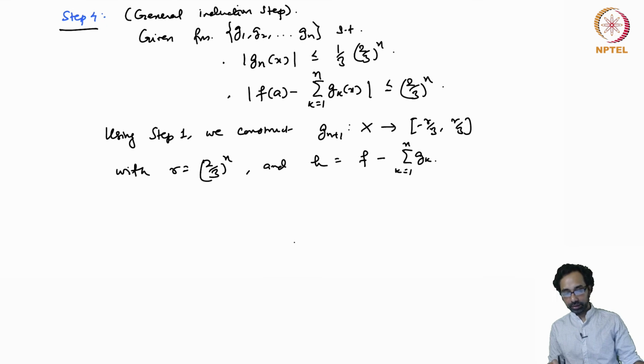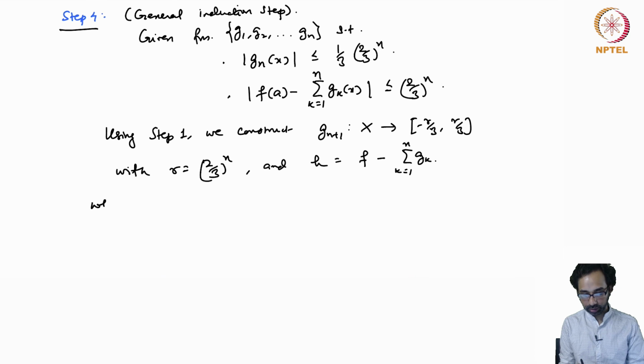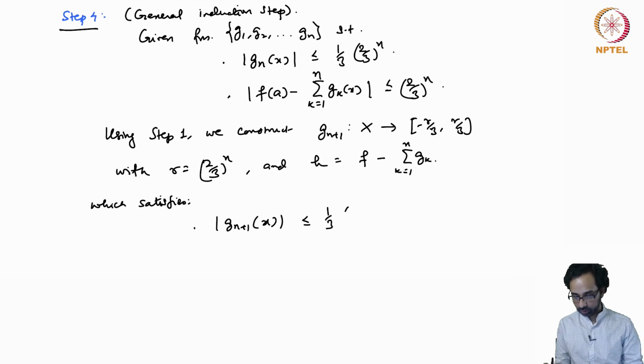So using step 1, we construct this function g n plus 1, and it satisfies a similar bound: modulus of g n plus 1 x is less than or equal to 1 by 3 times 2 by 3 to the power n, and secondly, modulus of f of a minus the sum from k equal to 1 to n plus 1 gk a is less than or equal to 2 by 3 to the power n plus 1.